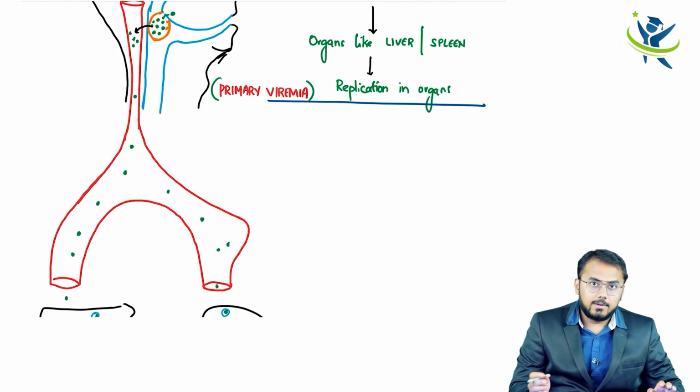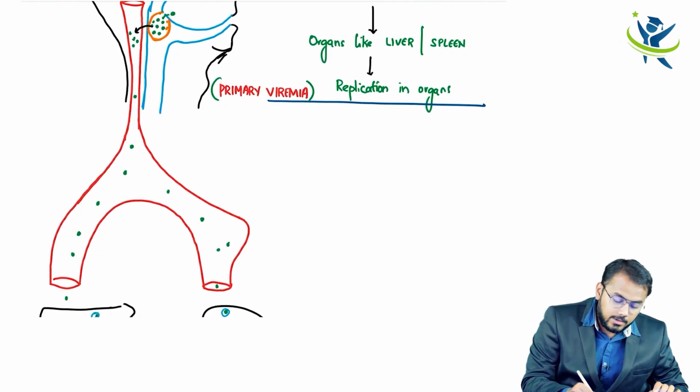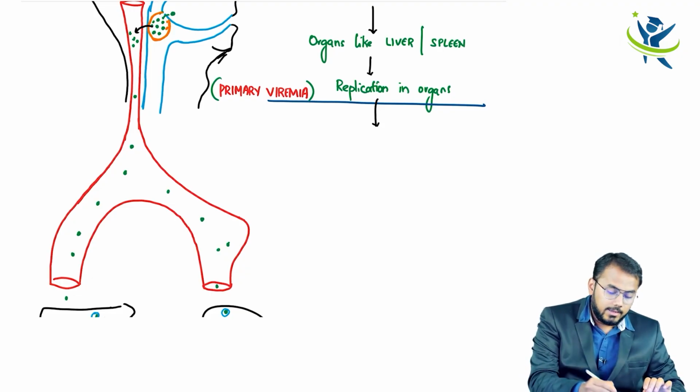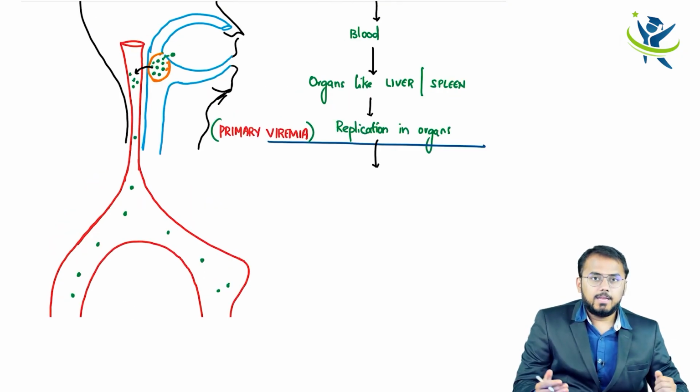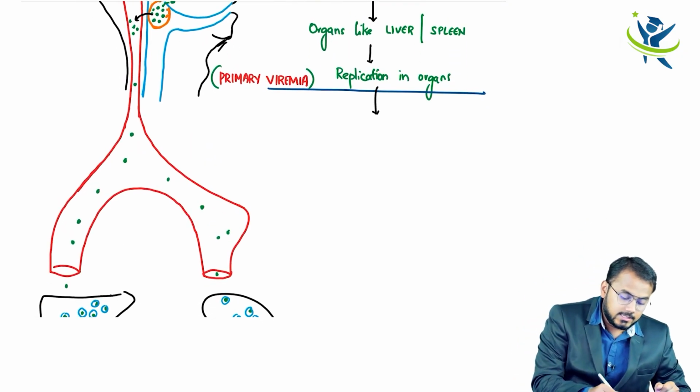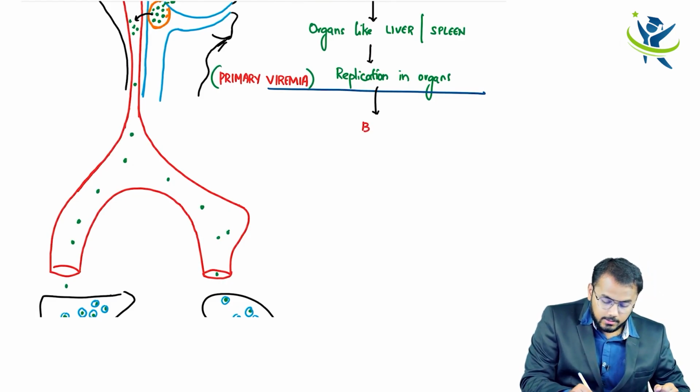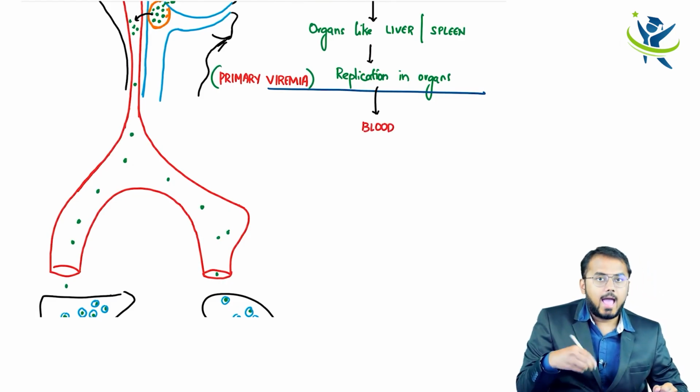The replication has happened in the organs, then the virus spilled into the blood back again.